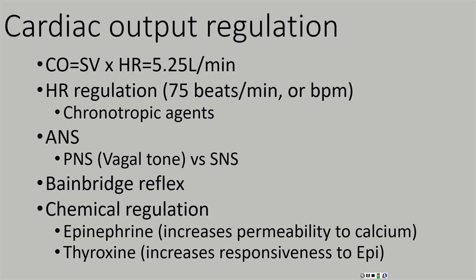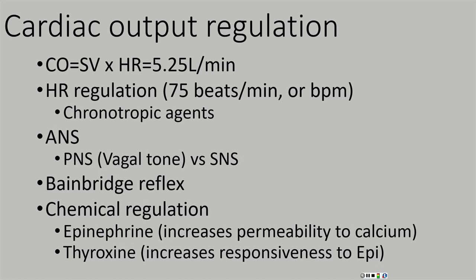And let's go back and talk about the autonomic nervous system. We've kind of already talked about this when we were talking about the electrical activity of the heart. Well, the autonomic nervous system, the PNS and the SNS, these things can either increase or decrease the natural rate of the heart. We've already said that the parasympathetic nervous system, by way of the vagus nerve, can slow down that SA node.